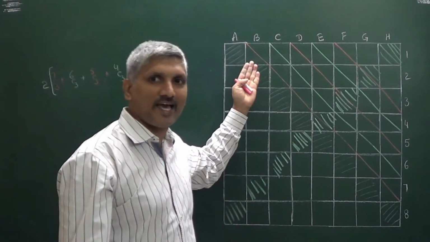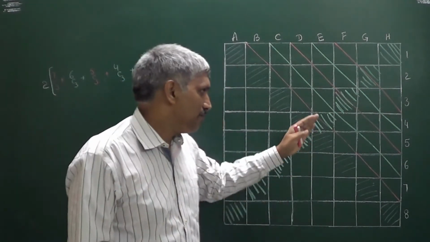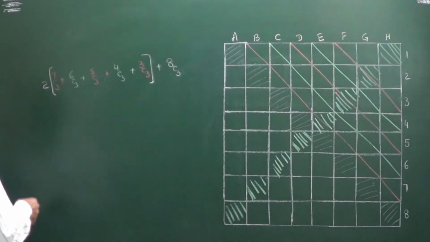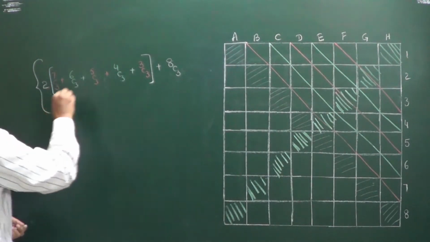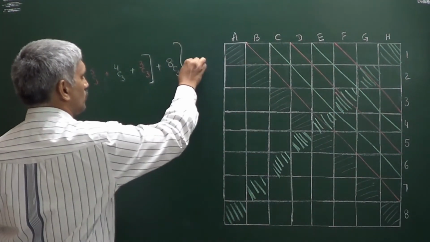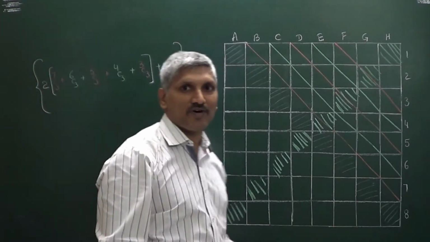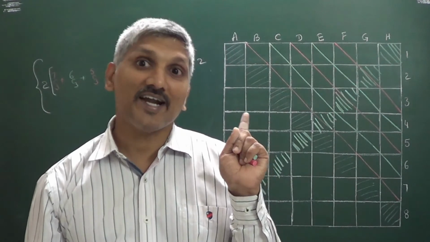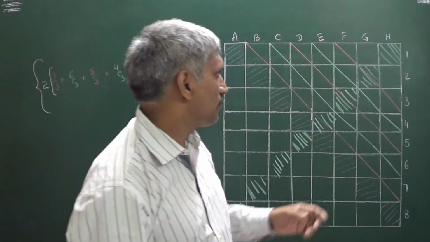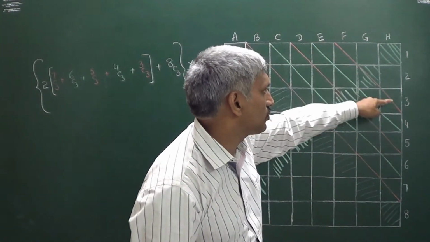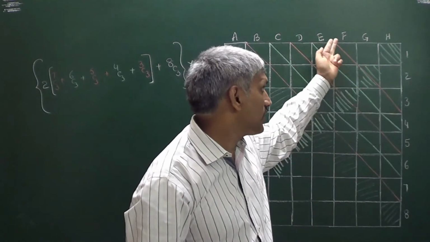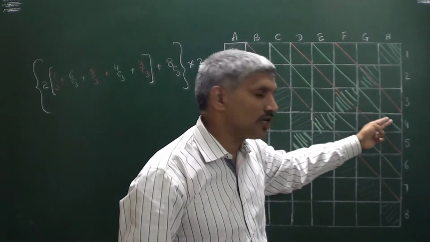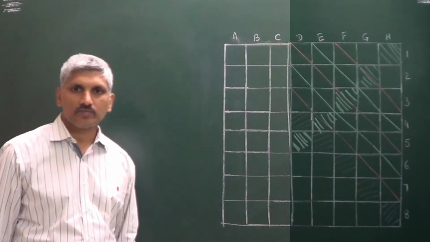Again above this diagonal the same answer, below this diagonal the same answer. That's why we have to multiply this total answer by 2 to get the total number of ways that all 3 squares lie along a diagonal. From these 3 squares you can select 3 squares, they lie along the diagonal. From these 4 squares you can select 3, they lie along the diagonal line.